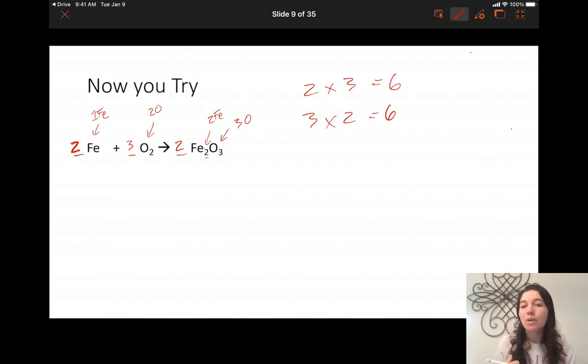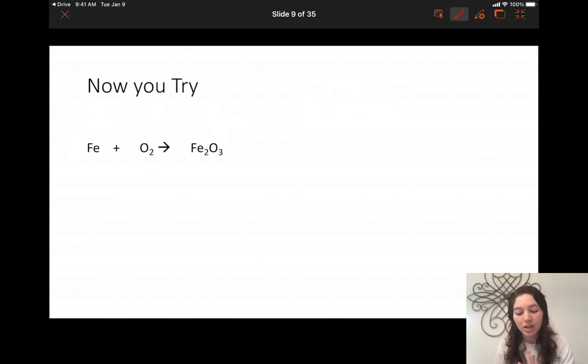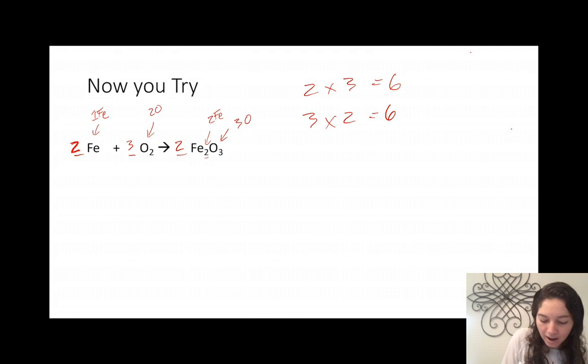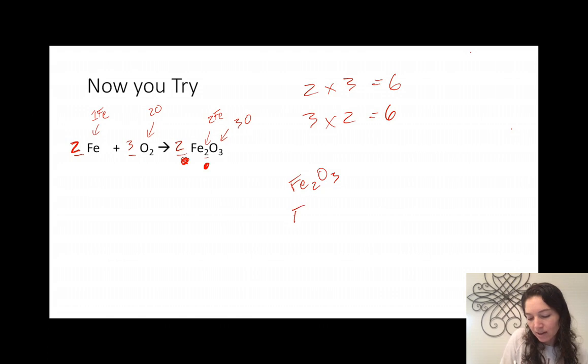Now if you noticed, when we added the 2 to the other side of the equation, that now makes our irons be out of balance. So we've got Fe2O3, and we've got 2 of these now.